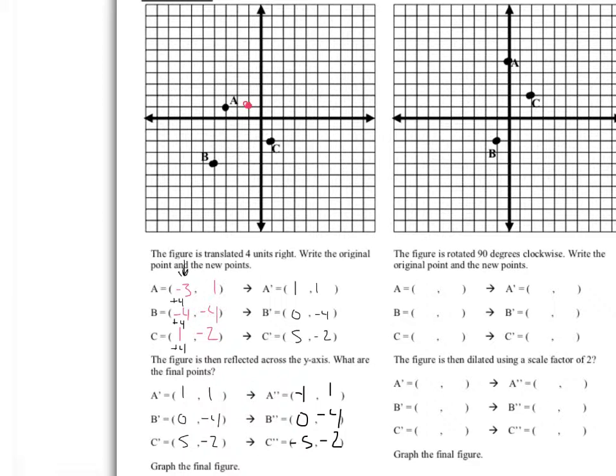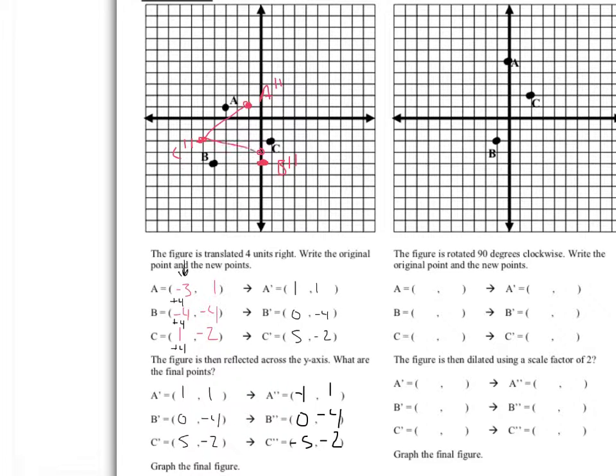This is our A prime prime after our second transformation. 0, -4. That's our B prime prime after the second transformation. And -5, -2. That's our C prime prime after our second transformation.